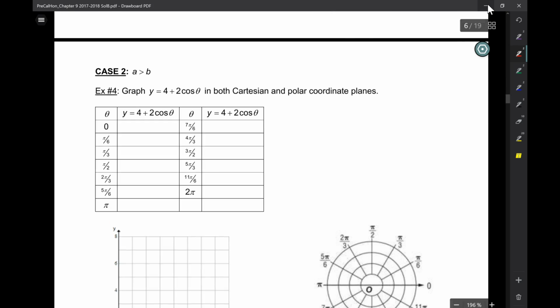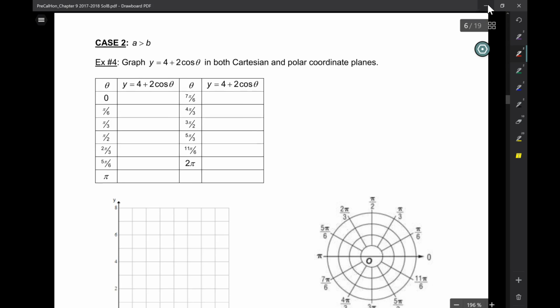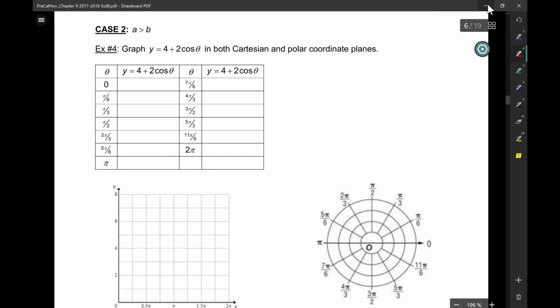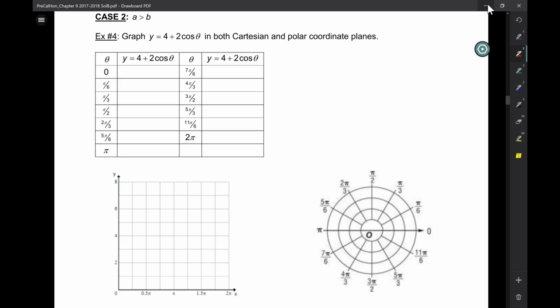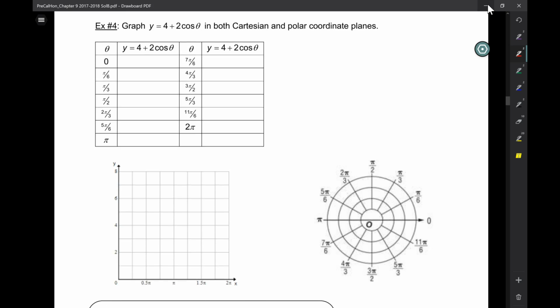All right, let's take the second case when A is greater than B. So you can see clearly 4 plus 2 cosine theta, A is greater than B, all right? So let's do this one. Okay, when theta is 0, cosine is 1, so that's 4 plus 2, which is 6.